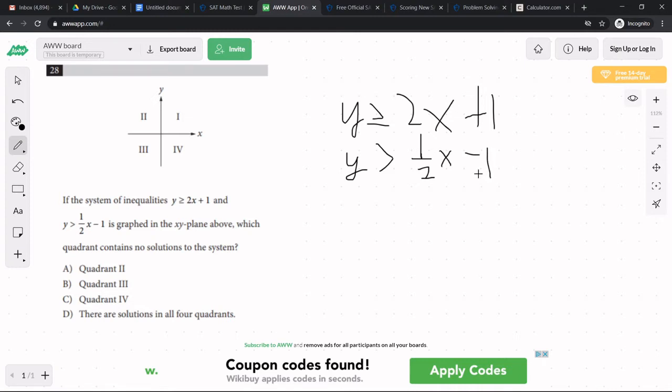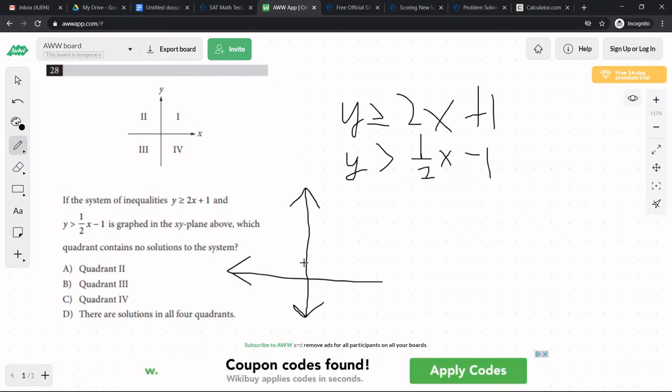Which quadrant contains no solutions to the system? Okay, now let's just try and roughly graph what it would be, because it'll probably give us some insights.